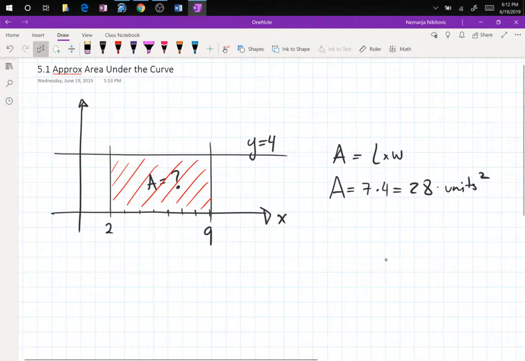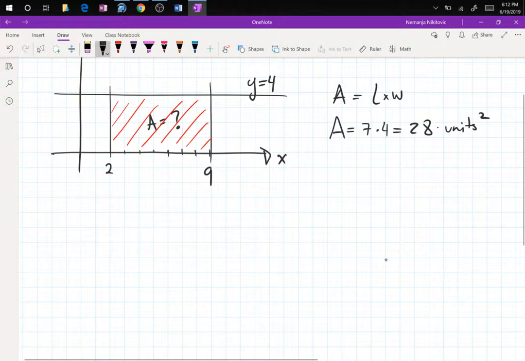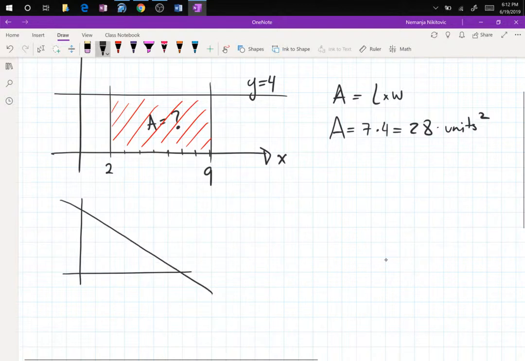Okay, that's great. Now the area under the curve for this triangle that passes through 1, 2, 3, 4, and 1, 2, 3, 4, 5, 6, 7. Great.